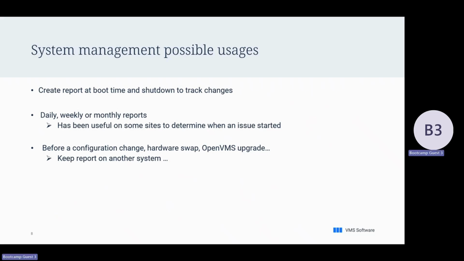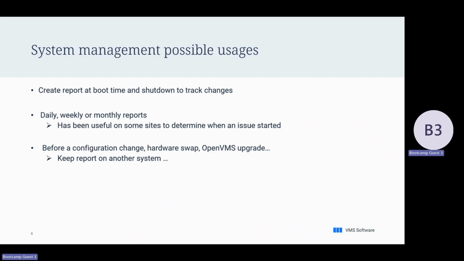Now, how can you use it for your own system management? Well, one way to use it is to create reports systematically at boot time and shutdown to track changes that happen during the life of the system between the boot and the shutdown. Especially if you shut down your system every 5 years, for instance. Somebody may have changed system parameters in SYSGEN in the current set, but has not updated MODPARAMS.